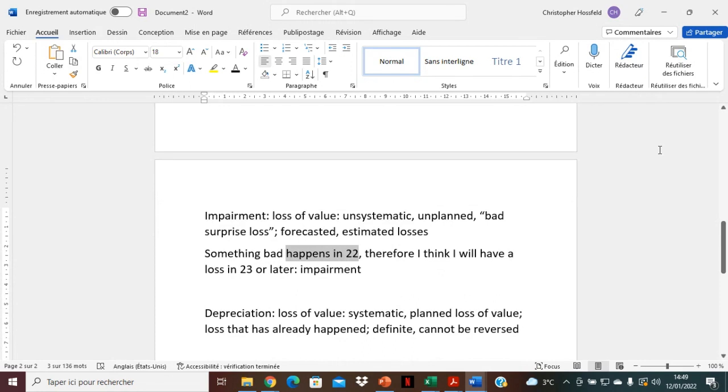future losses that are originated, that are generated in the current year, in the year for which I set up the income statement. For example, in 2020 and 2021 we had COVID. Obviously, that's a bad surprise, bad news for many companies, and many companies made losses in 20 and in 21. But COVID also has consequences that will last much longer.